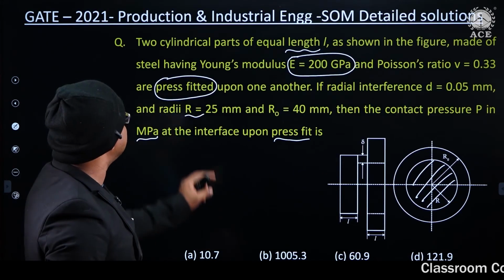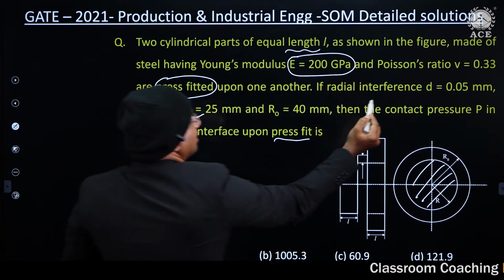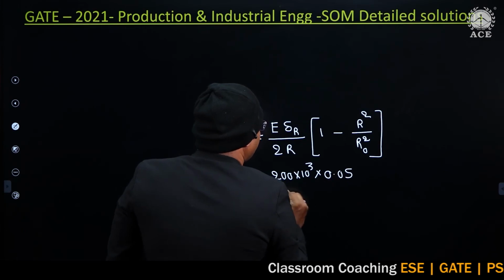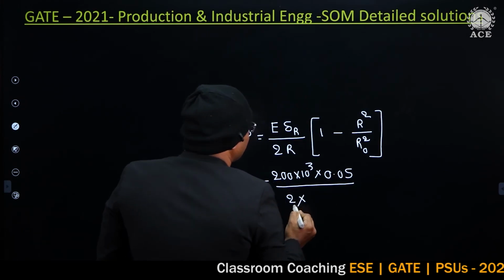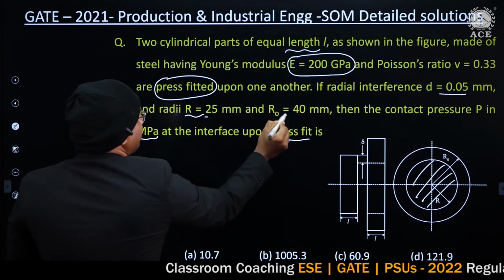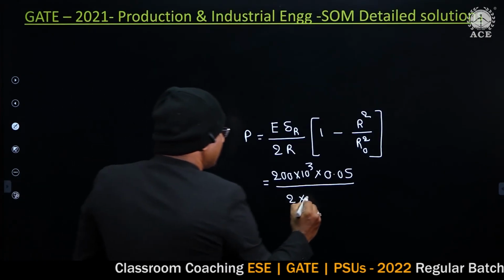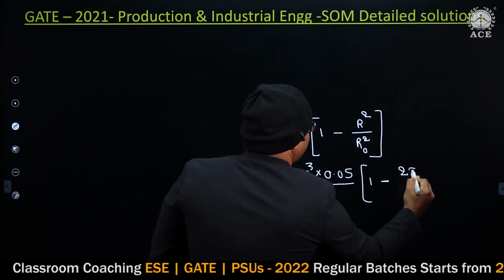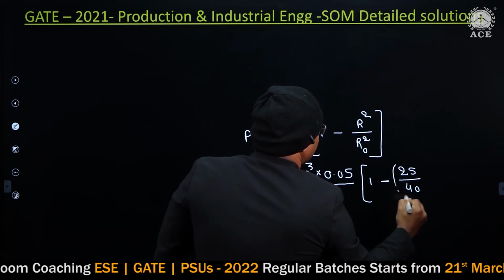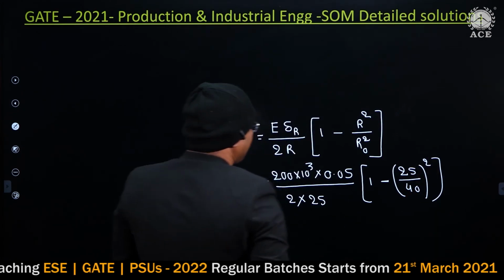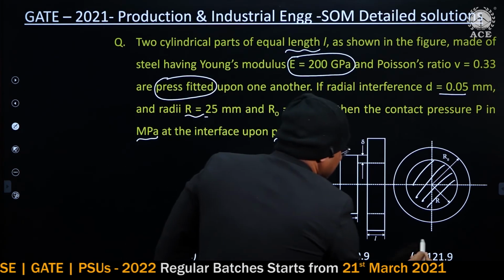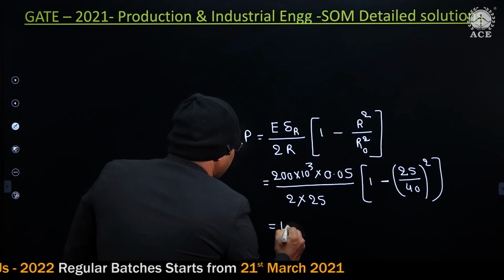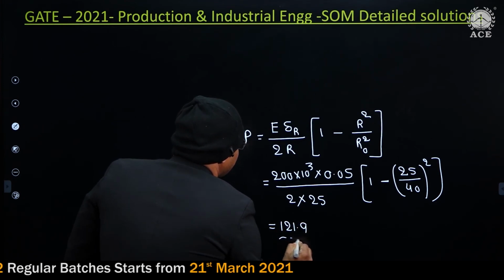Radial interference, delta R equal to 0.05. So 0.05 by 2 into R is given as 25, R naught is 40, 1 minus 25 by 40 whole square. Take the bracket, then simplify this, and you will get 121.9. This is the answer.